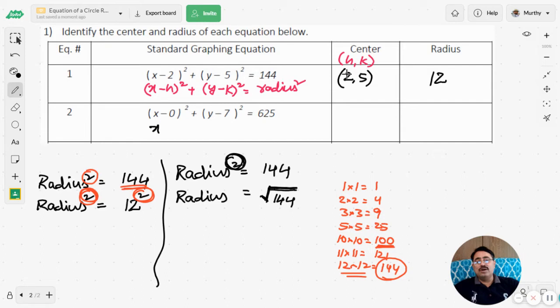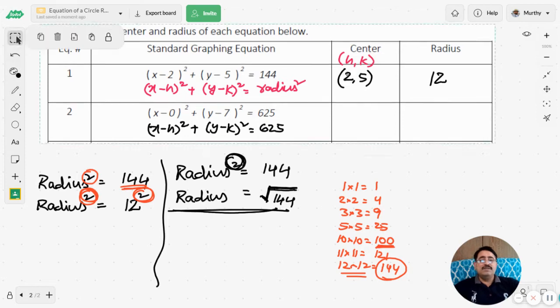This is also in the form of (x − h)² + (y − k)² = 625. Whichever method is convenient, you can follow.